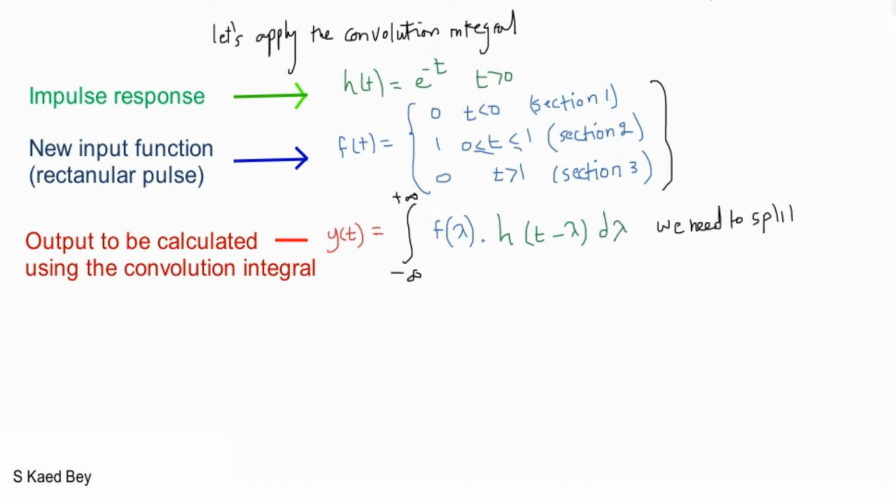Because the input function has 3 distinct regions, section 1, section 2, and section 3, we will need to split up the convolution integral into 3 parts.